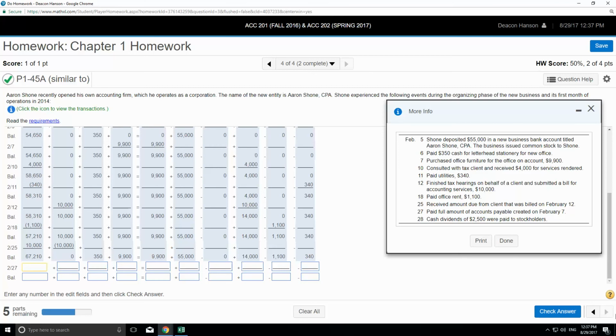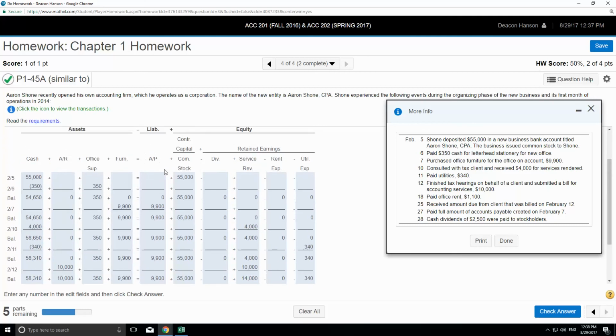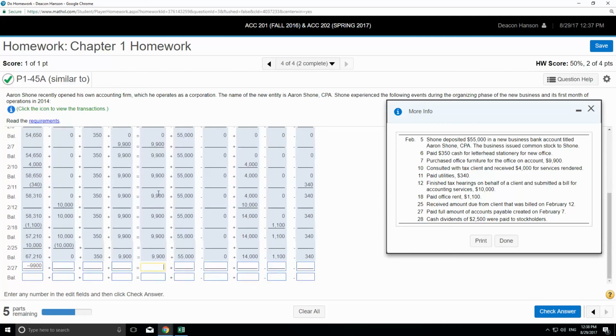Cash is going to go down, minus 9,900. Okay? And if we're paying off what we owe, we no longer owe it. We're going to subtract. Right? We're going to zero out that account. Okay? So what do we have now? 58,210? Wait.